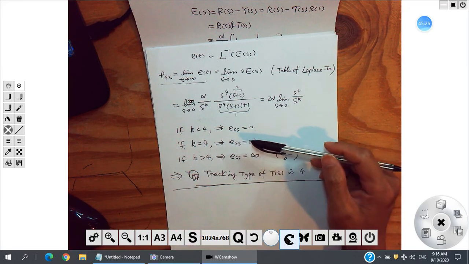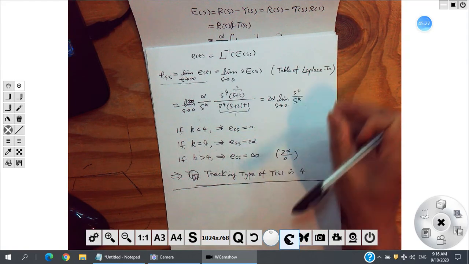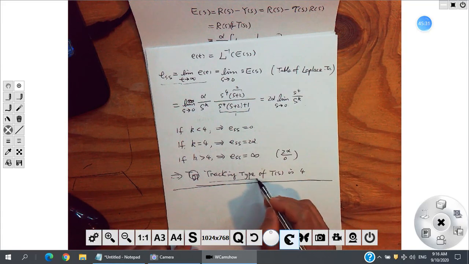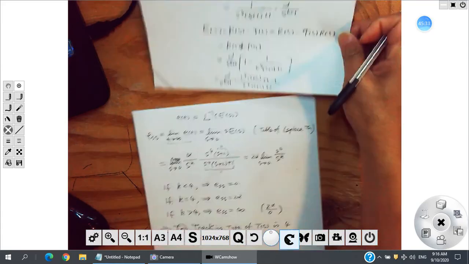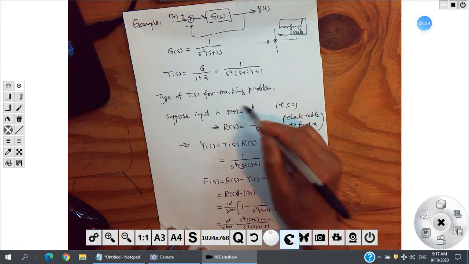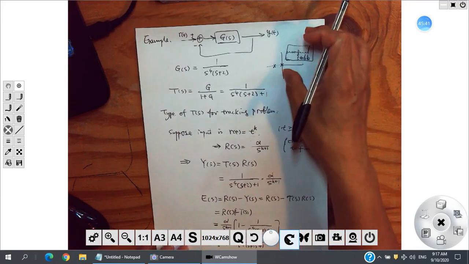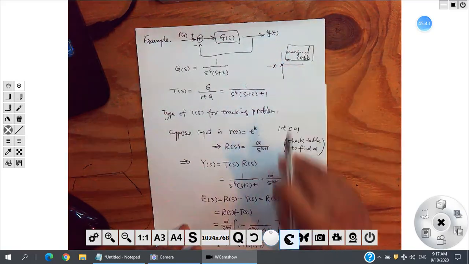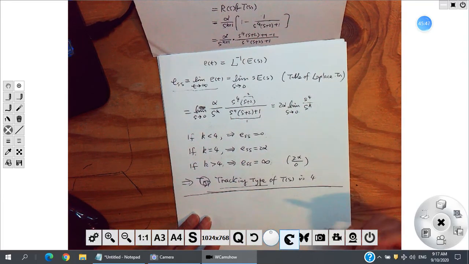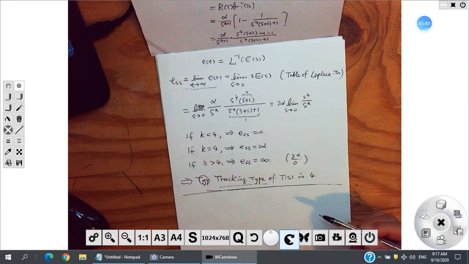Here I just gave you the general idea. What is a tracking type? You use different kinds of polynomial inputs as a reference, you check the steady-state error of the output, and then you can determine the tracking type. Okay, so this is for the tracking problem.